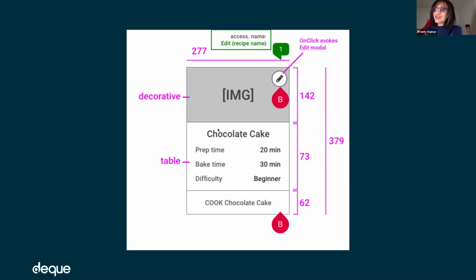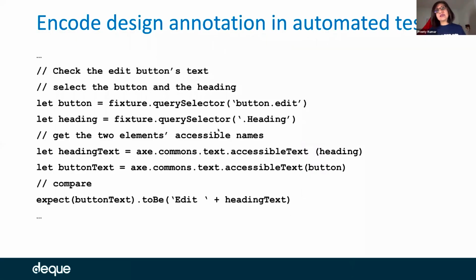But what's important is that it says the accessible name for this little button ought to be edit, appended by the recipe name, because edit is not good enough. You're going to hear edit, edit, edit, edit, right? If you've got 6 recipes on that page, you're going to hear edit, edit, edit, edit, edit, edit. So you want to qualify that. Those are the kind of choices, meaning, that I think only human beings at this time can give.